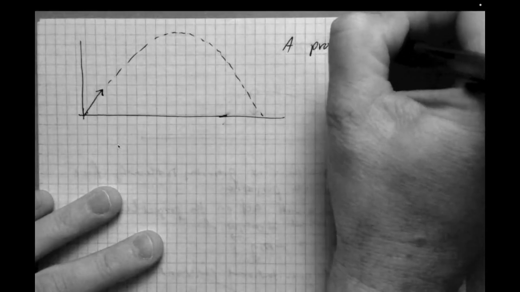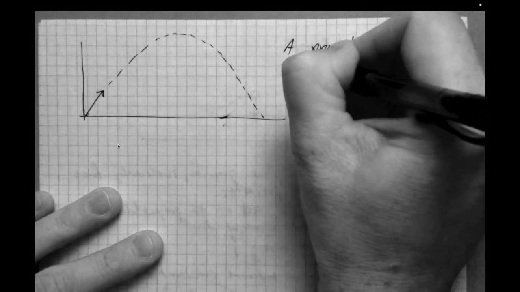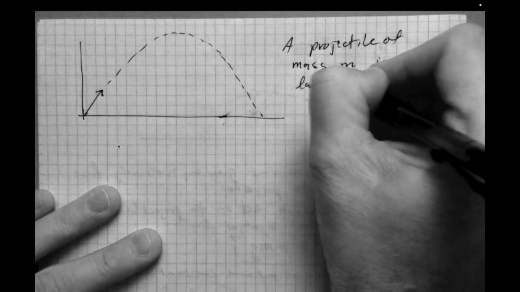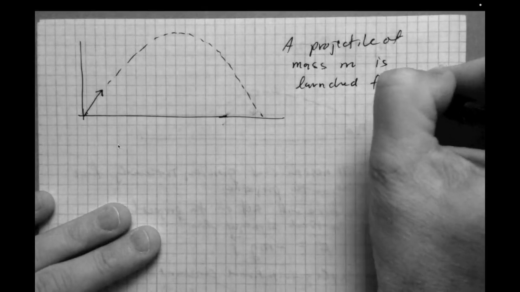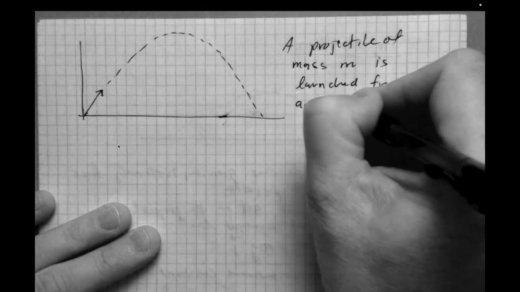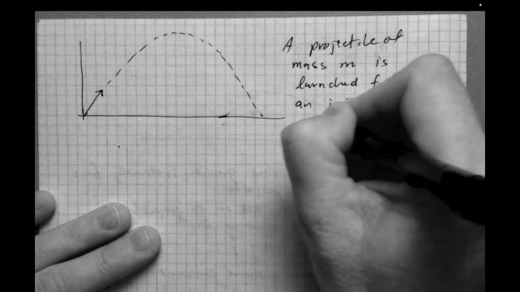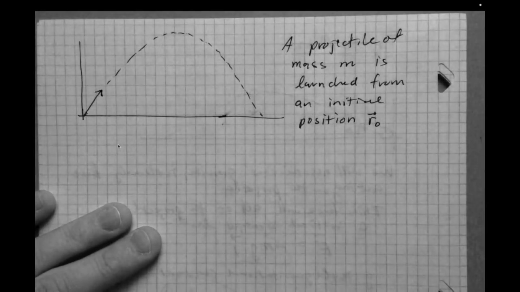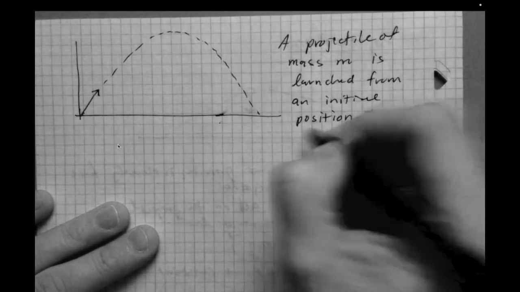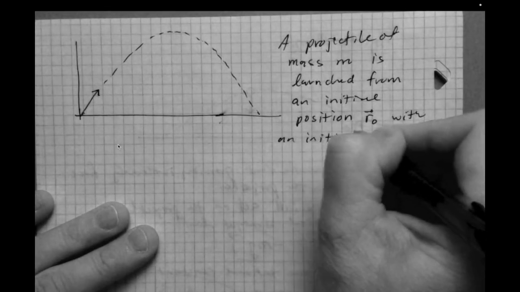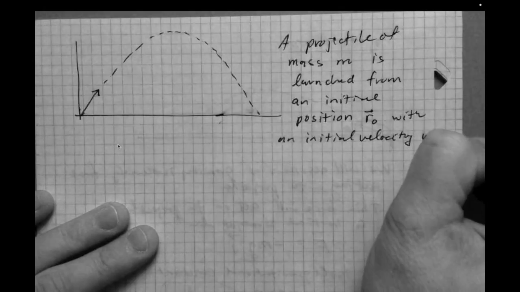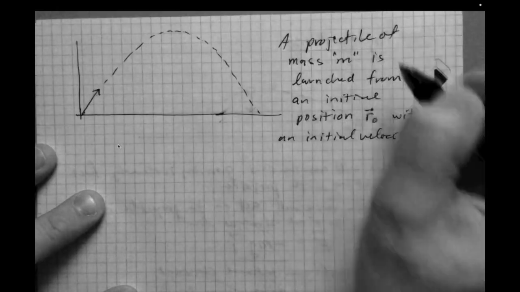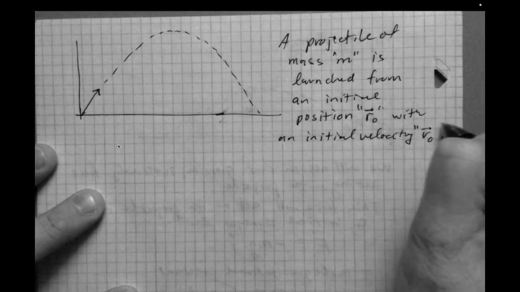A projectile of mass m is launched from an initial position, and we'll call that r of 0, r naught, with an initial velocity, and we'll call that v naught. We've got a couple of important things in here: the m, the initial position, and the initial velocity.